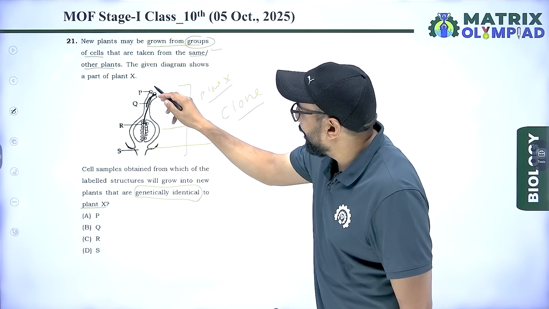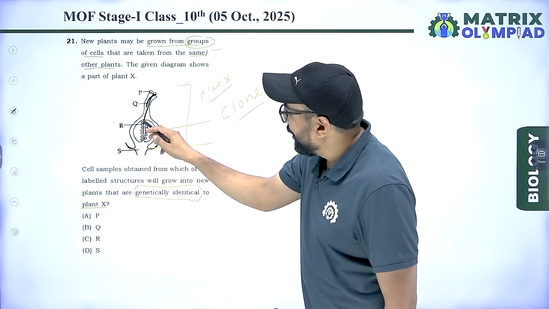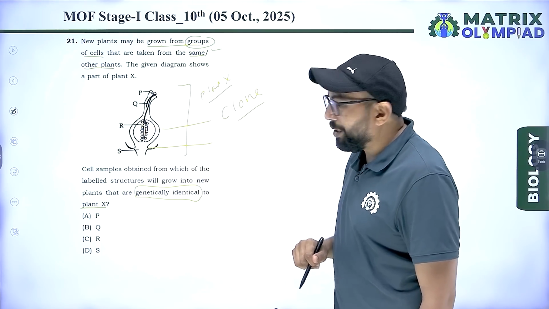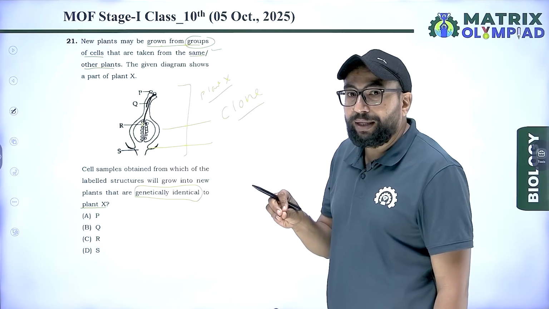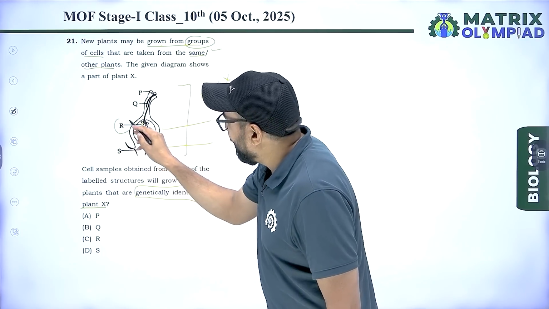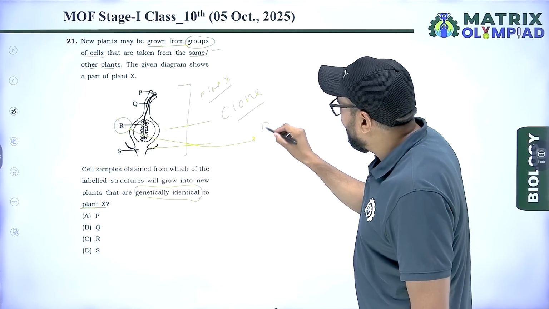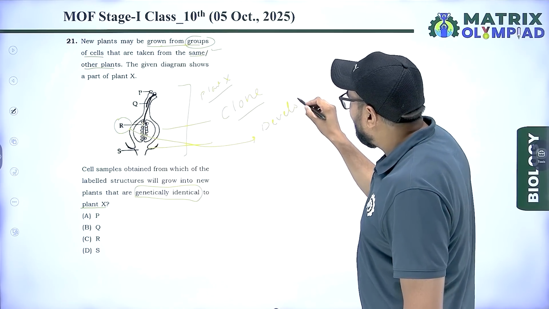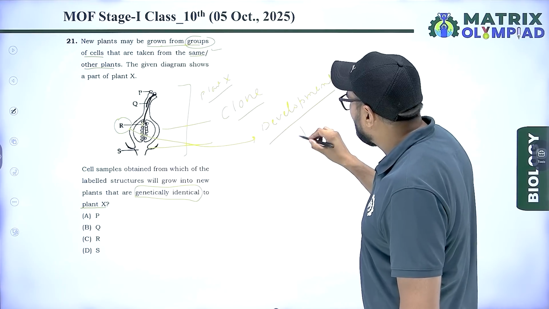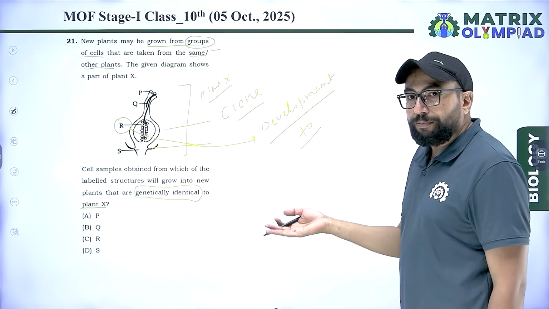P is pollen, Q is pollen tube, and next is the structure, the ovule, which contains the egg cell. So the egg cell directly develops into a new fruit or seed part.